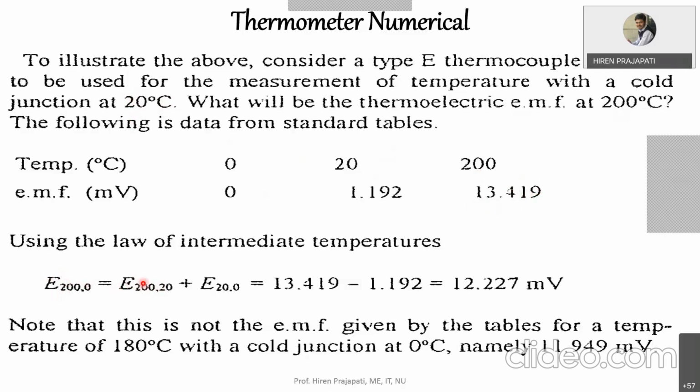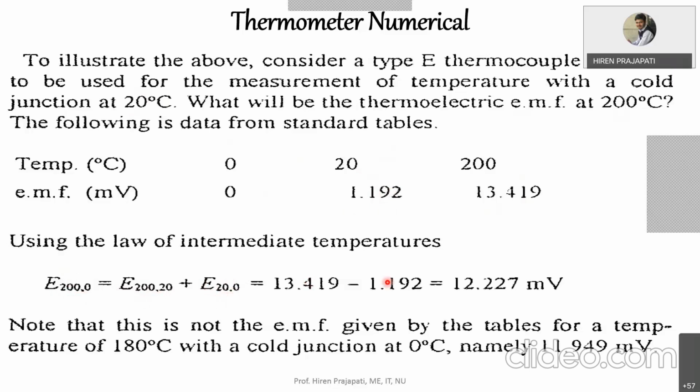We want the EMF generated at 200 degrees Celsius when the cold junction is at 20 degrees. So again, E 20 when the cold junction is at 0 degrees is available from this calibration table: 1.192, right? So E 200 to 20 is nothing but E 200 comma 0 minus E 20 comma 0, right?